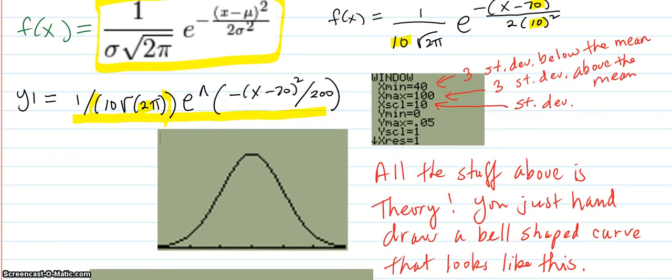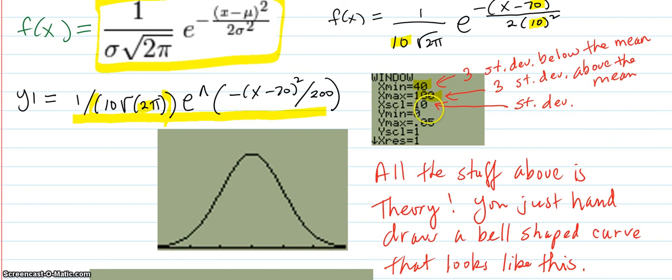Then in the window, you would put 3 standard deviations below the mean. The standard deviation is 10, so 3 of those below 70, which is our mean, is 40, and 3 standard deviations above our mean, 3 tens above 70, gets up to 100.